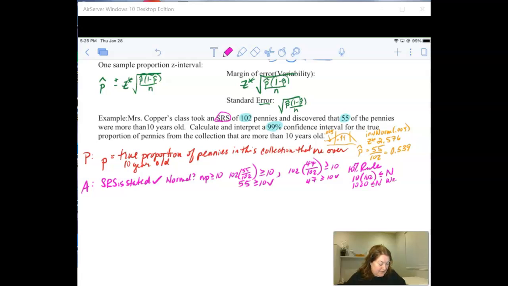So we would say we think it's reasonable to assume there are more than 1,020 pennies in this collection. Okay, so there's the A of PANIC. So we've still got 3 more steps to go.